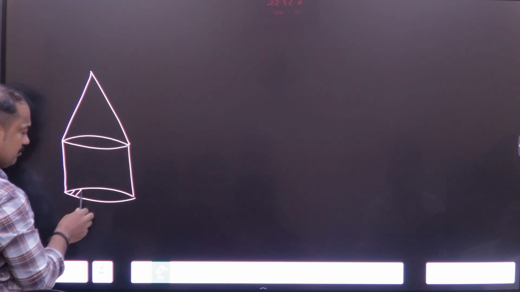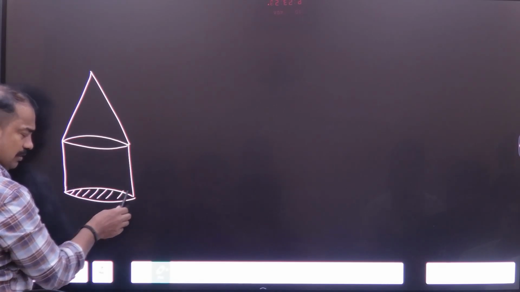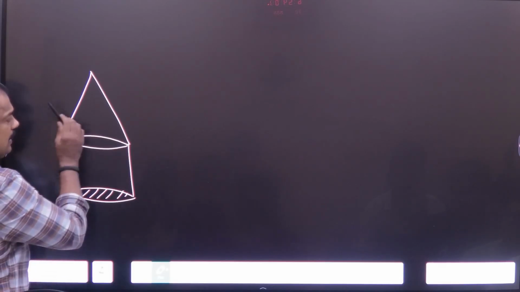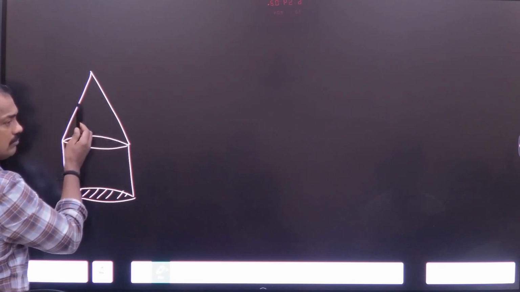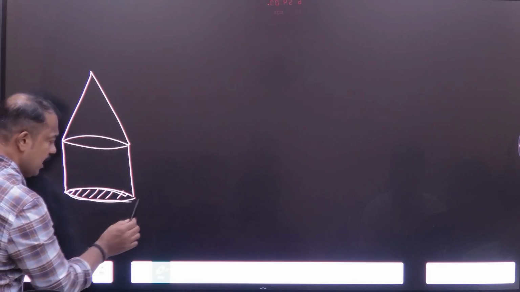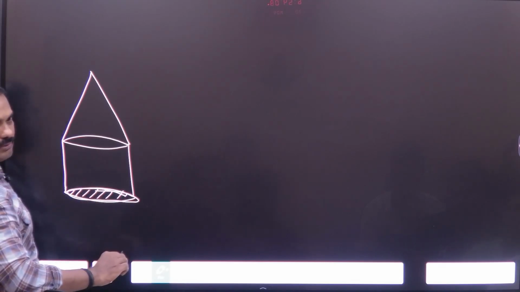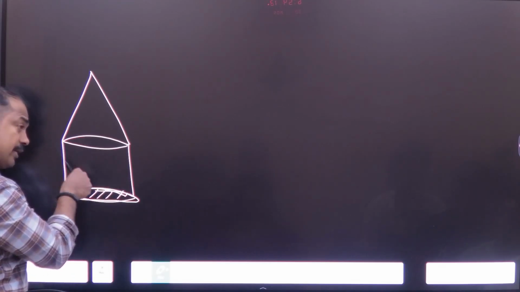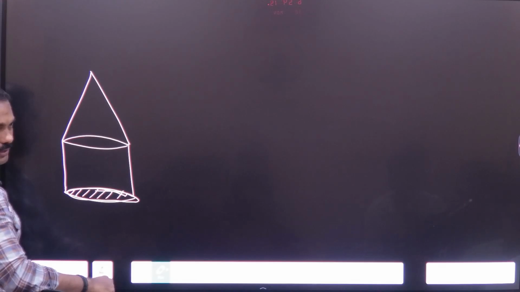So ये क्या होगा? Closed. So what is the total surface area of this figure? CSA of the cone plus CSA of the cylinder plus base area of the cylinder. अगर होल आए तो ये इंक्लूड नहीं होगा, अगर सॉलिड आए तो ये इंक्लूड होगा. क्लियर है?